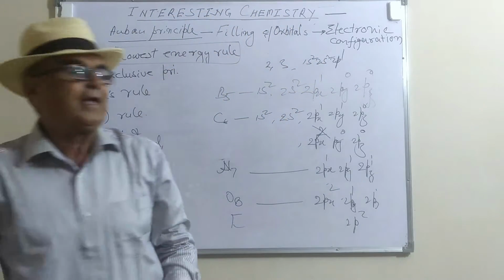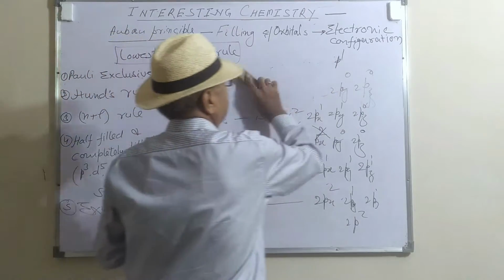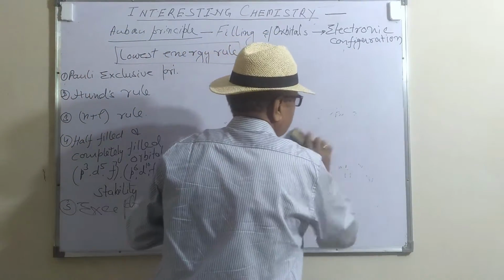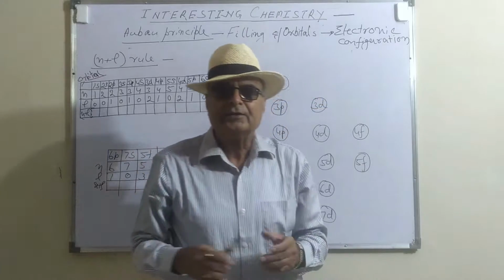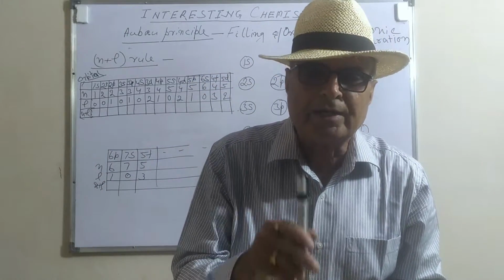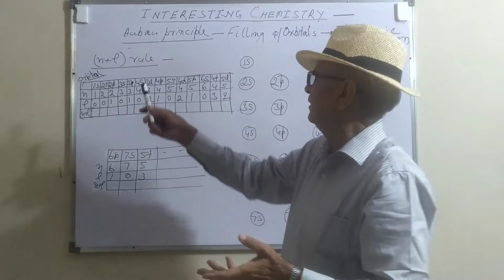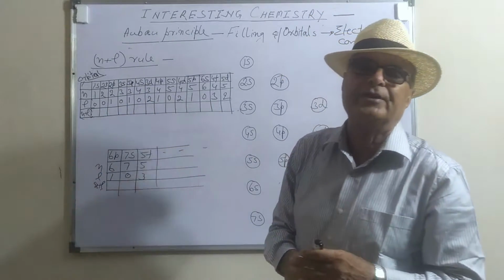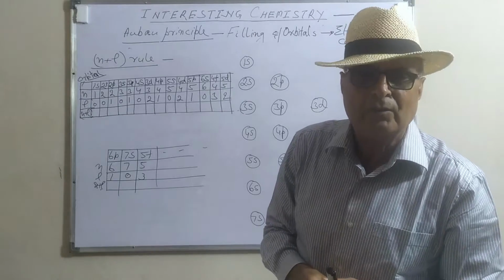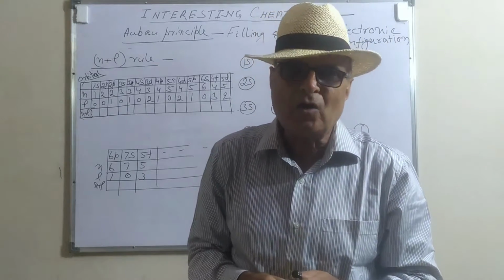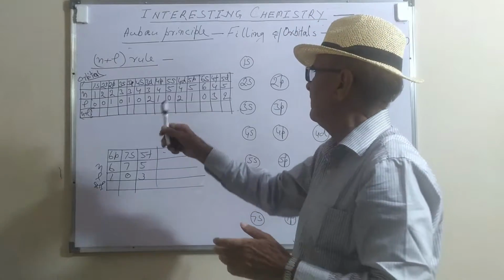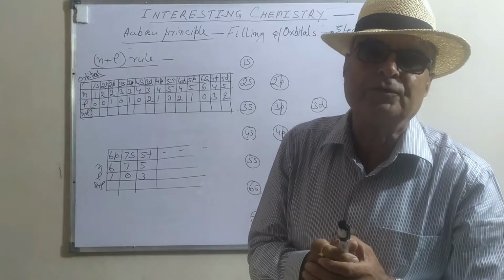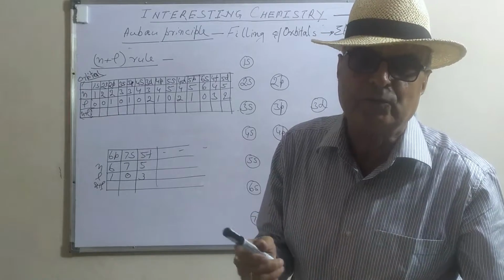If an electronic configuration comes to you, write it accordingly. I have shown you a table according to the increasing order of the energies of the different orbitals. I will explain how you will prepare this table. So please first learn about the n plus L rule.